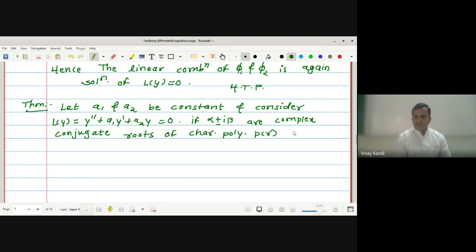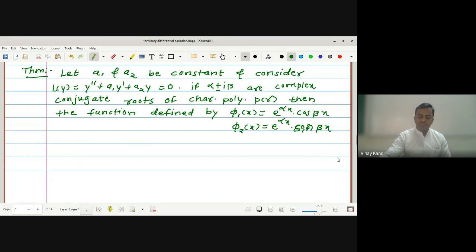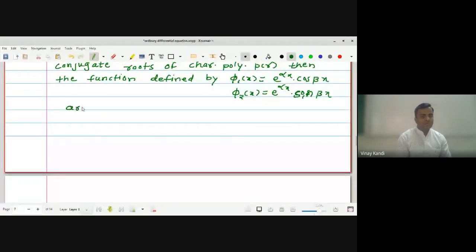Okay, then the functions defined by phi1 of x, which is equal to e raised to alpha x into cos beta x, and phi2 of x is equal to e raised to alpha x into sin beta x, these phi1 and phi2 are solutions of L of y is equal to 0.